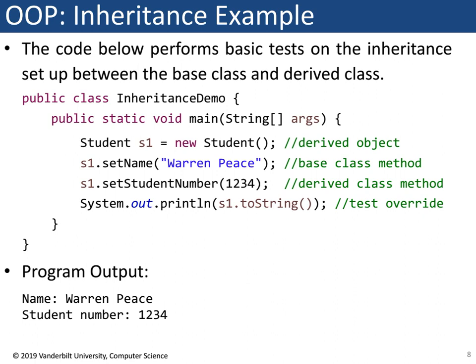Then when we call s1.toString, it will call the overridden student toString method rather than the person toString method. And then the output is going to be name, space, War and Peace, student number, space, 1, 2, 3, 4.